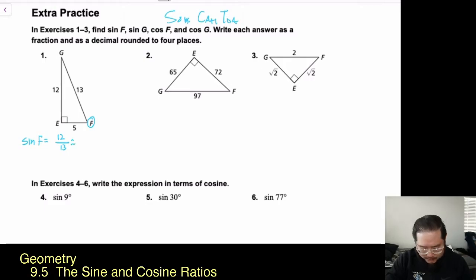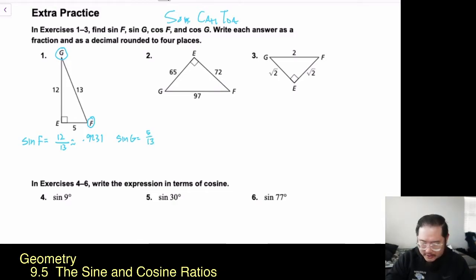We round it to 4 spots. It's 0.4231 using your calculator. I didn't press the sine button in the calculator. All I did was just put 12 over 13. All right. So next up, we have sine of G. Once again, sine is opposite over hypotenuse. If I take a look at G right here, opposite is 5. The hypotenuse is 13.